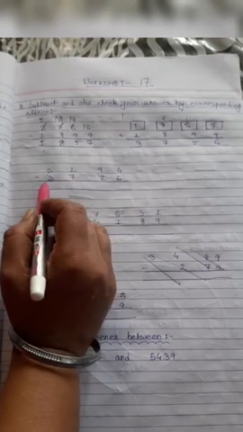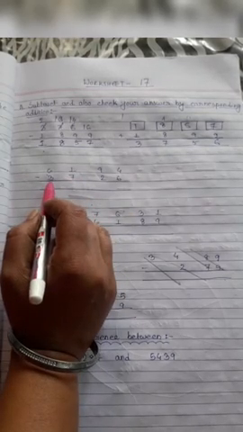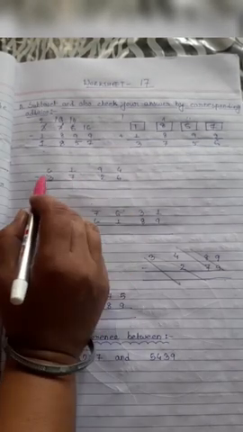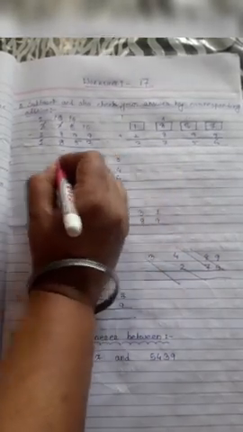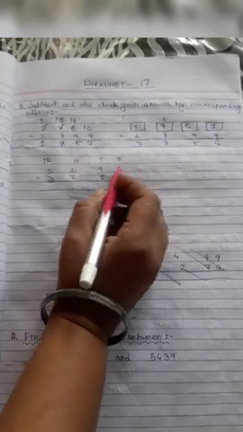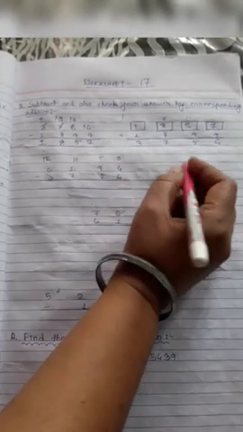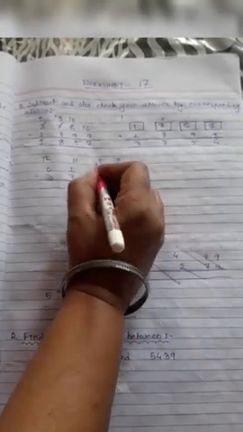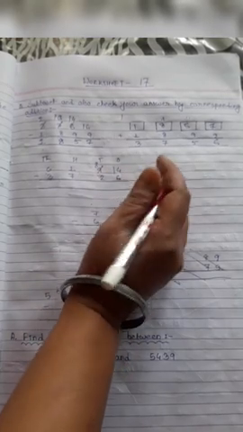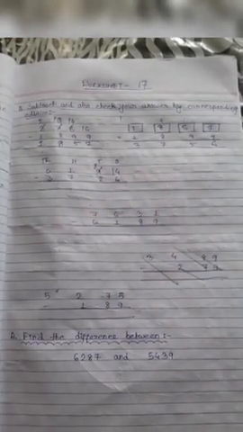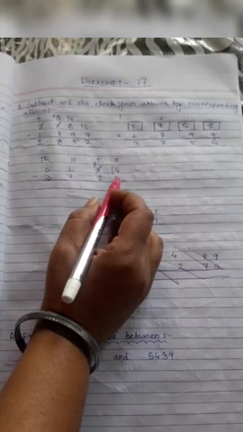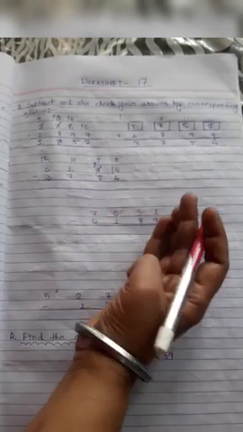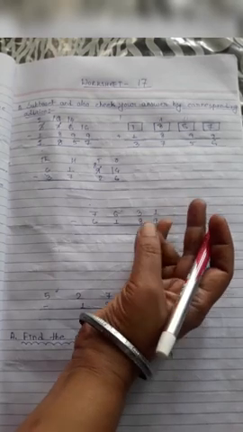6194. You have to subtract 3726 from 6194. So ones, tens, hundreds, thousands. So 6 carry 8, 14. Now 14 ones minus 6 ones. 14 minus 6, 7, 8, 9, 10, 11, 12, 13, 14.